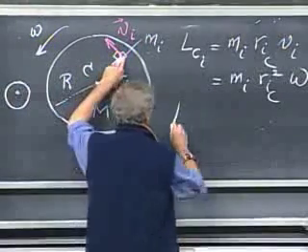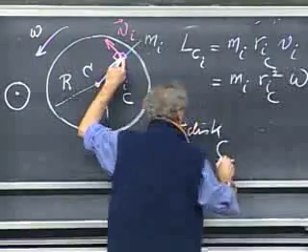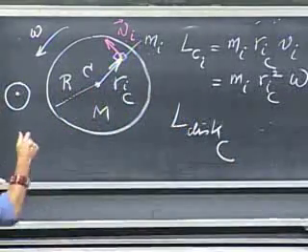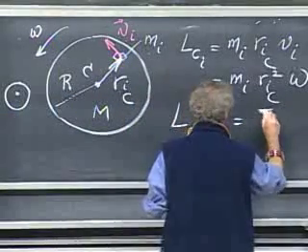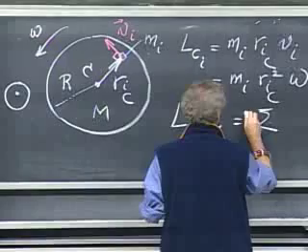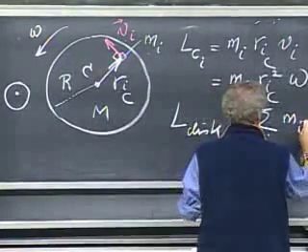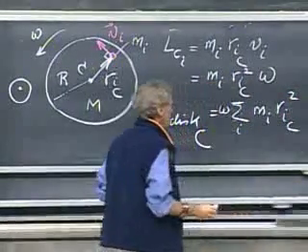But now I want to know what the entire angular momentum is about that point C. There's an axis going through the center of mass, through the center of the disk, perpendicular to the blackboard. And now, of course, I have to do the summation of all these elements I. I can bring the omega outside, and I would then have the summation of m of I, r of I relative to that point C squared.